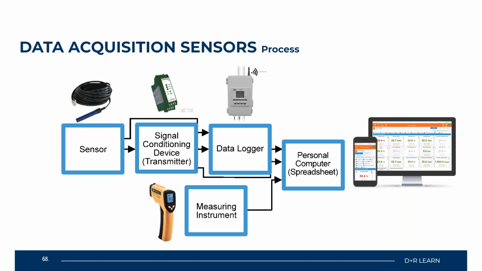Now, we do have measuring instruments that are used to do everything you see up here, but by human process. We'll talk about some of those different devices when we come back from break. But down here, what you can see is the IR thermometer that I was talking about. This is the device that I used as a young airman to run around to about 150 rooms a day and take supply and return temperatures, write them down in my notepad, and return it to the shop foreman for logging into our daily logs.